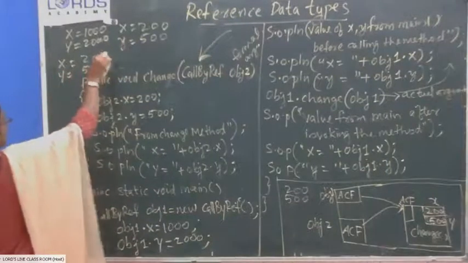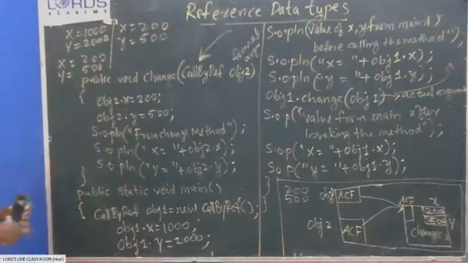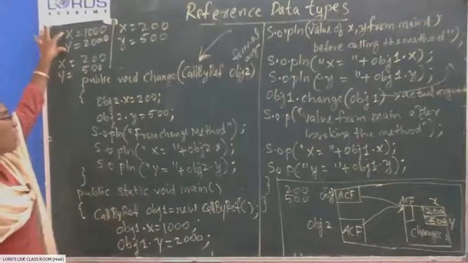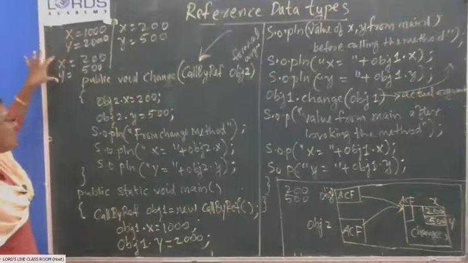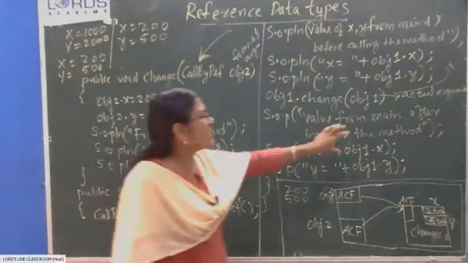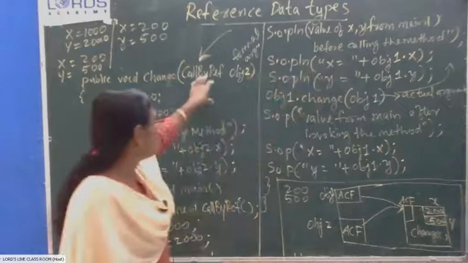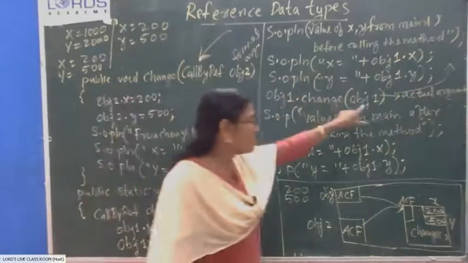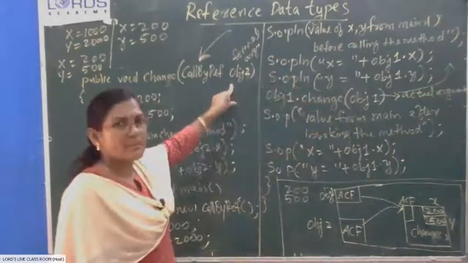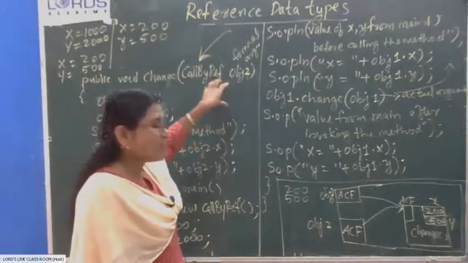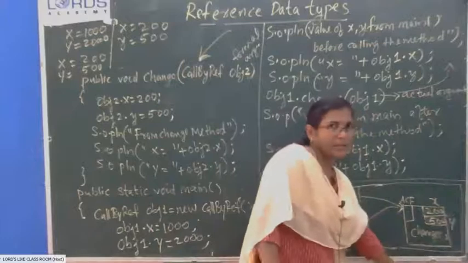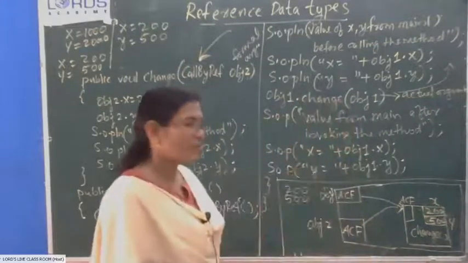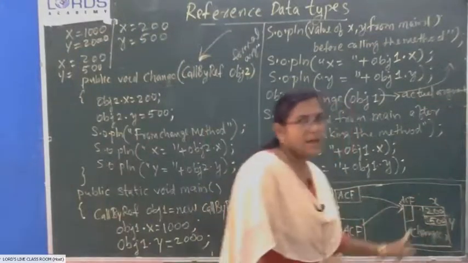So from the main, when you printed the values, initially before calling the method, you have got the values 1000 and 2000. After that, the same object's address you have passed to the method. This object's address is copied to the method. So this method got the address of the same object in the memory. And what happened?